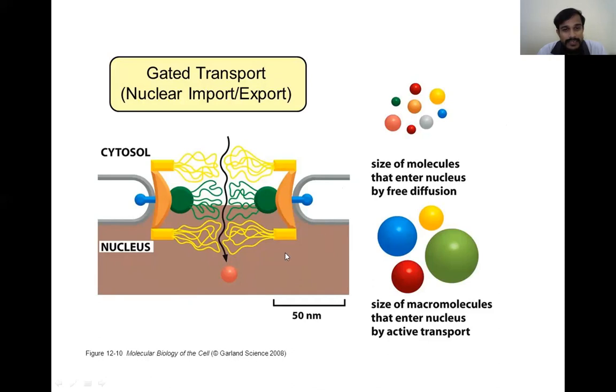Here you can see this is the nuclear pore, and the nuclear pore has nuclear pore complexes. These complexes will selectively send the required proteins into the nucleus. This is known as gated transport. Gated transport occurs for the translocation of proteins from the cytoplasm to the nucleus, and it is regulated by nuclear pore complexes. This is about gated transport.